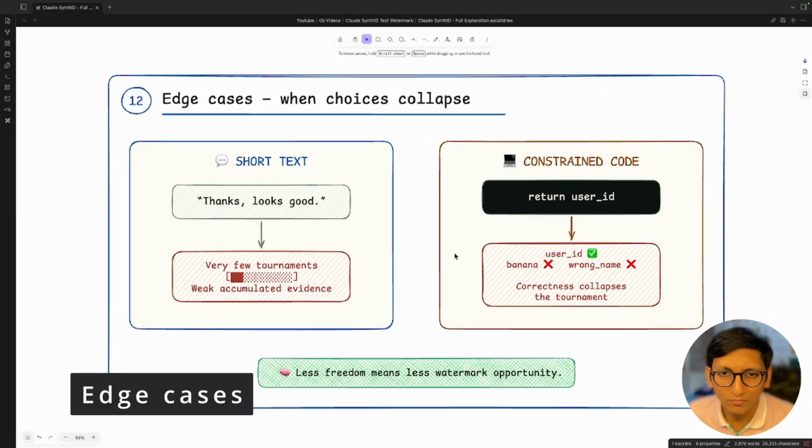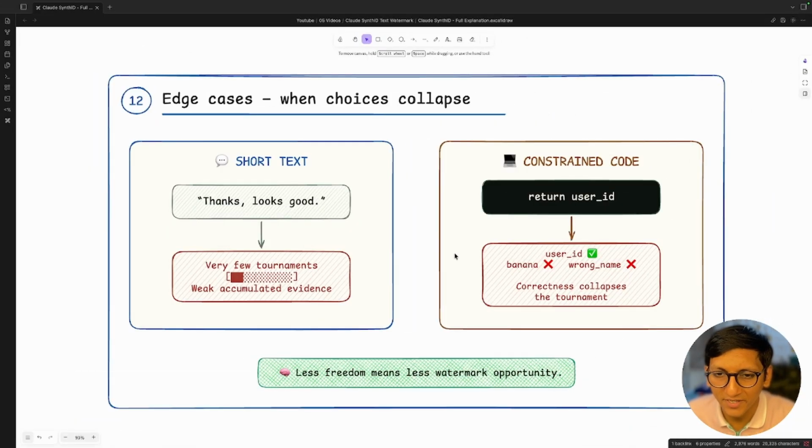Now, what are the possible edge cases? Let's say the text is very short: "Thanks, looks good." Here, only a few tournaments have happened, so there is very weak accumulation of evidence. Let's take the second scenario, code. In code, the correct code does not have too many possible choices.